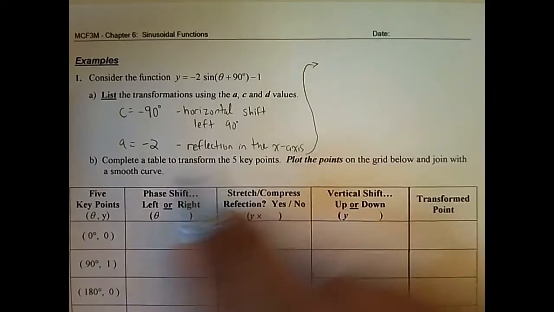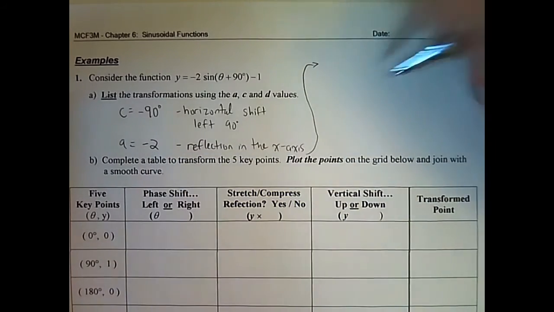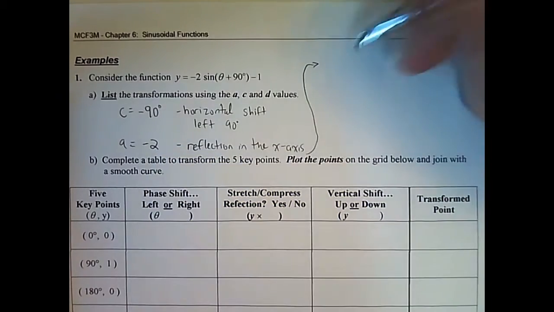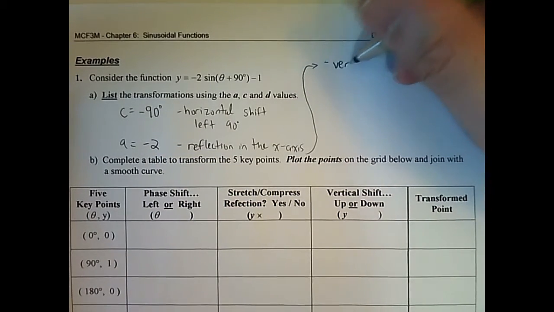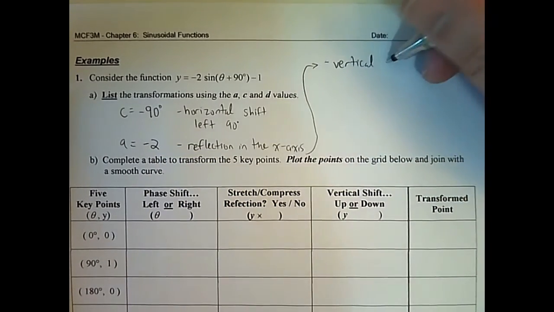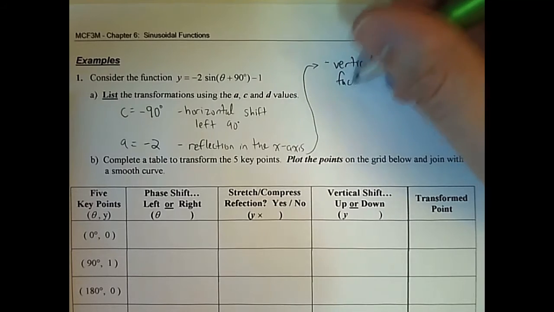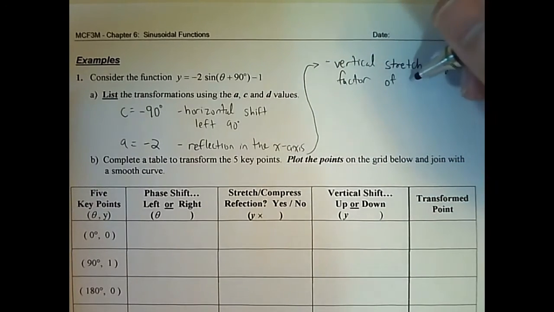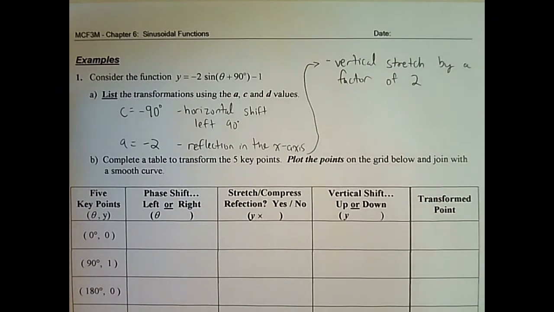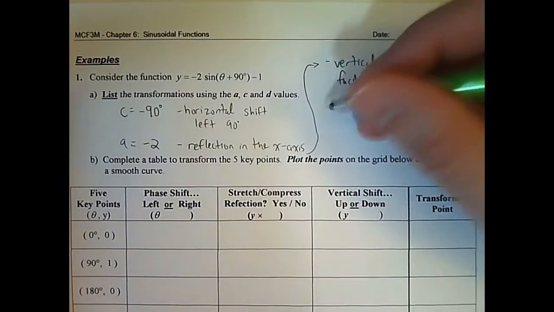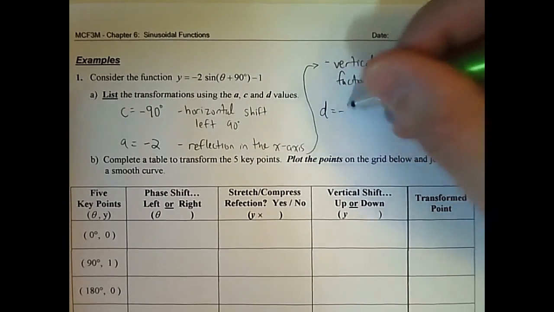There's also, with the a value, this 2 means it's a whole number, it's not a fraction. So we're going to have a vertical stretch by a factor of 2. Then lastly, we do the addition part, which is our d value. d is equal to negative 1.